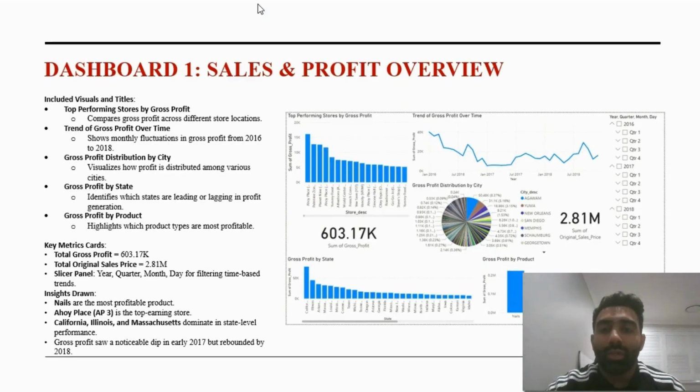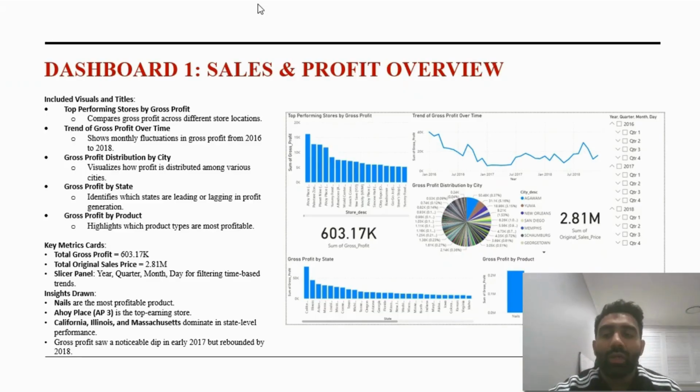So, continuing to dashboard 1, which is the sales and profit overview. In the data and bars, we can see the key metric cards: total gross profit is 603.17k and total original sales price is 2.81 million. According to the slicer panel, we can filter by year, quarter, month, and day for time-based trends.